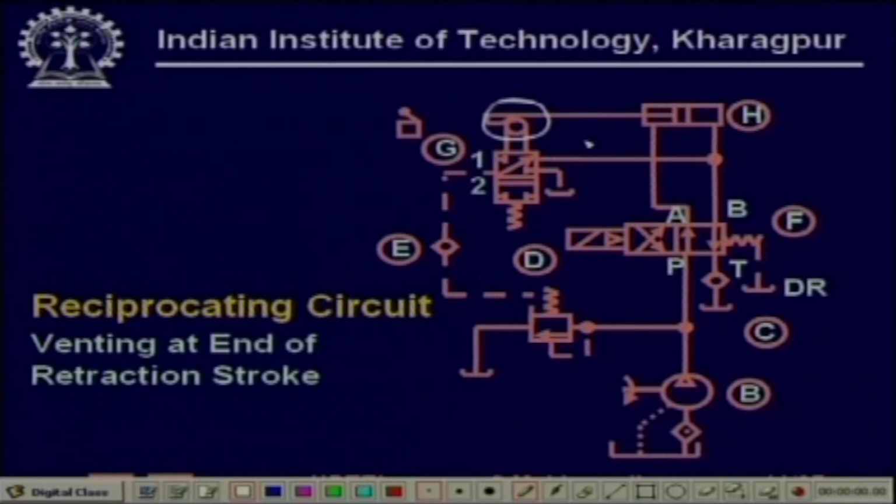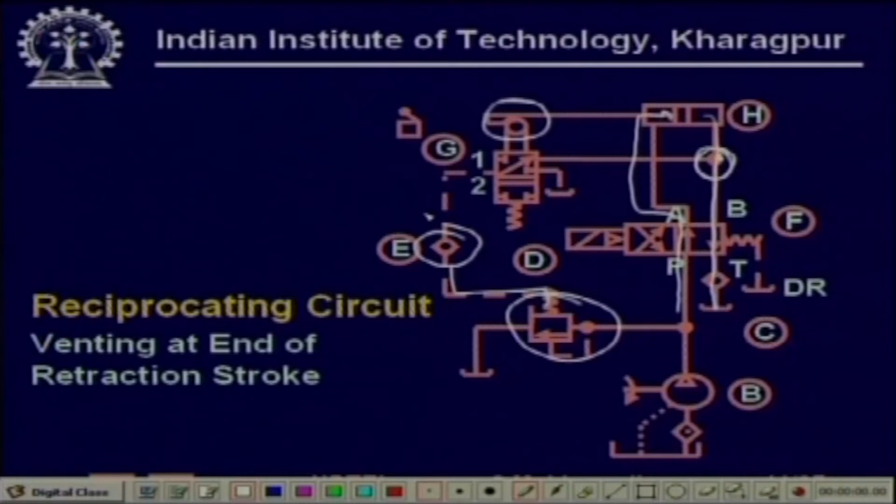So, in the top position, what is happening? In the top position, this is the pump and this is the tank. So, you see that this point is very close to tank pressure. So, now the pilot port of this relief valve is actually connected.